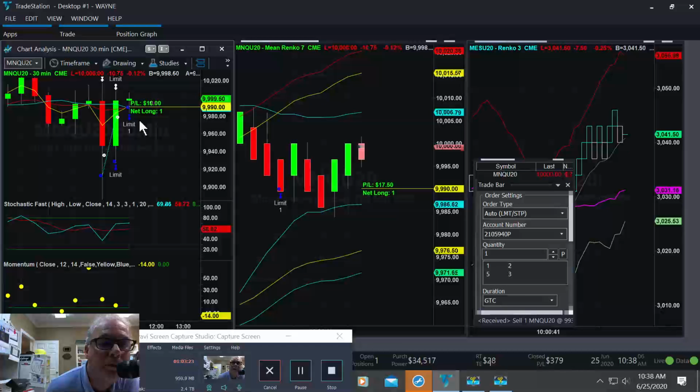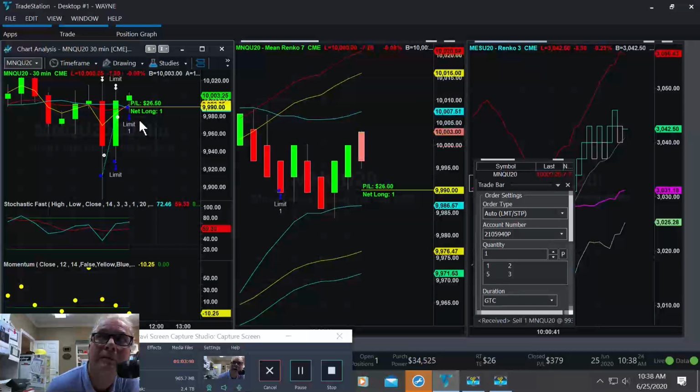We're still holding 30-40. I think our close yesterday was like 10,010. So if we got above that, it might go up a little higher. Still kind of expecting a test of 3060.